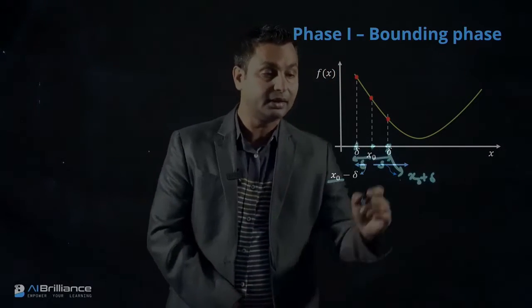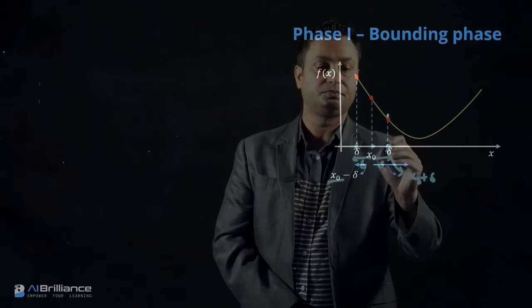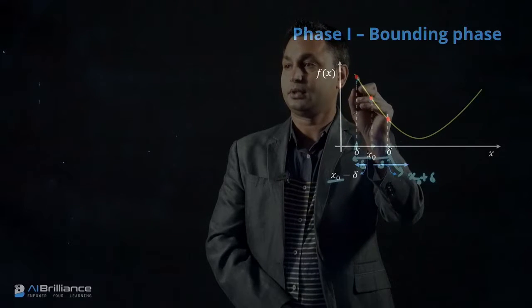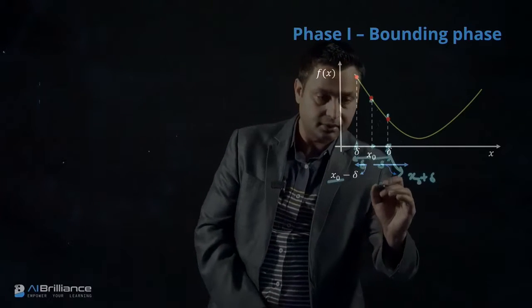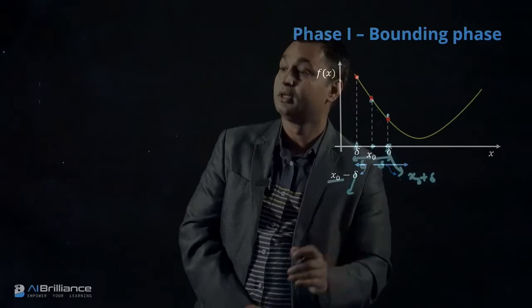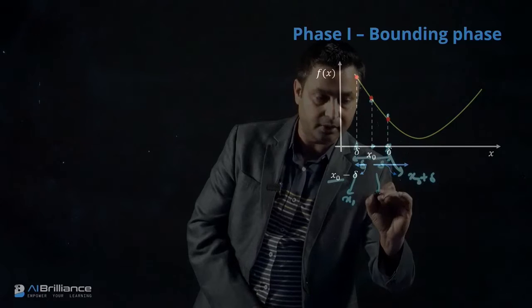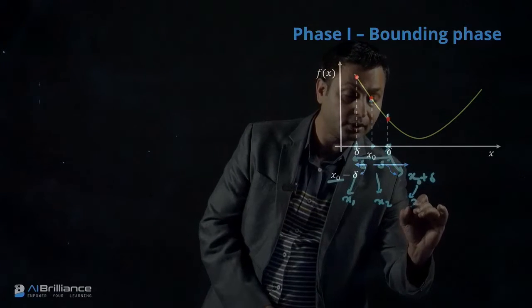Then we have sampled the function at those locations, which are these 3 red dots that you see on the function plot. Let's call the point x0 minus delta x1, let's call the x0 point x2, and let's call the x0 plus delta point x3.